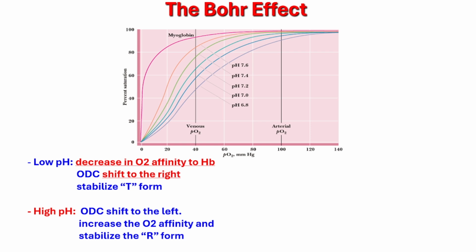So if I need more oxygen here, which form will I promote, the T or the R? The T is the deoxygenated. R is the oxygenated. So which one? No, it's the T. It's the T that is promoted.